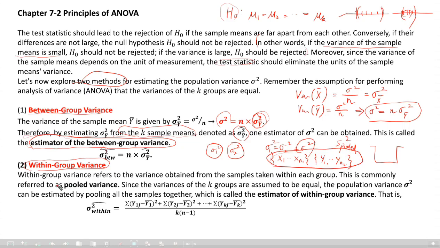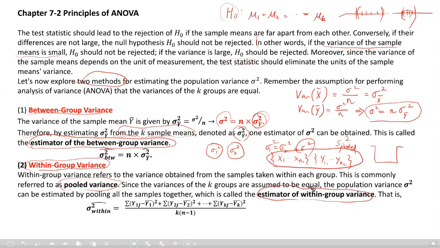The same thing applies here. Within group variance refers to the variance obtained from the samples taken within each group. This is commonly referred to as pooled variance. Since the variances of the K groups are assumed to be equal, a prerequisite, the population variance sigma square can be estimated by pooling all the samples together, which is called the estimator of within group variance.